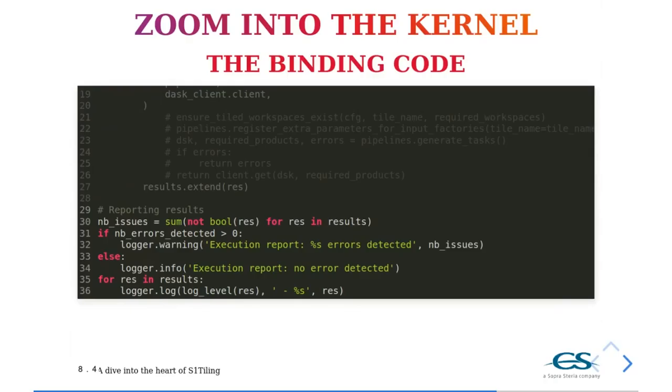And I have something that can be reused. This means that the kernel from S1Tiling can be seen as a Python orchestrator dedicated to OTB applications. It could be used for other things, but where it's interesting is because we can chain OTB applications in memory automatically. That's really the core point of the S1Tiling kernel.